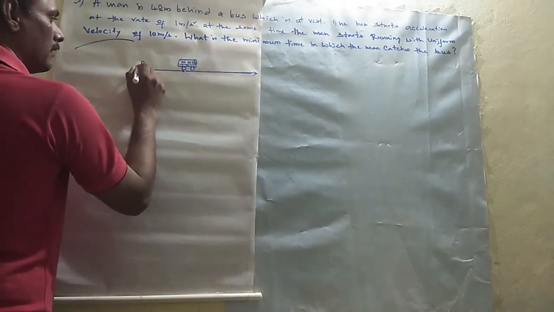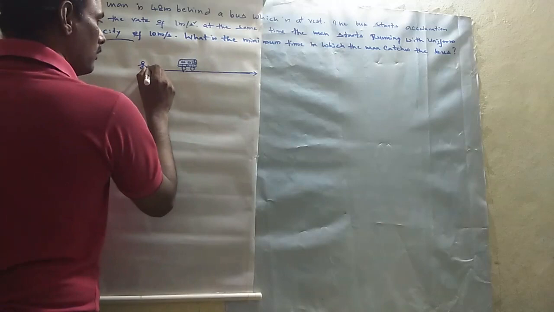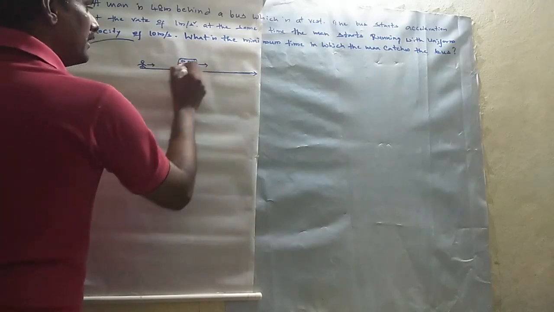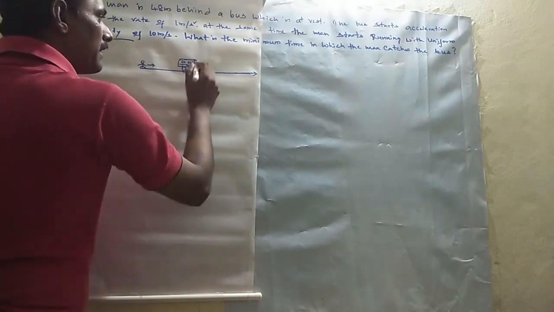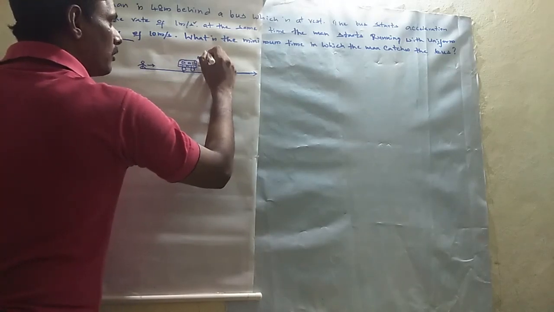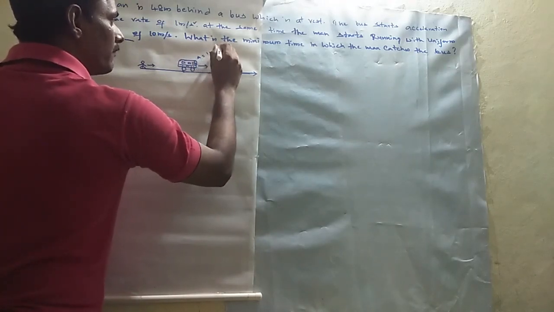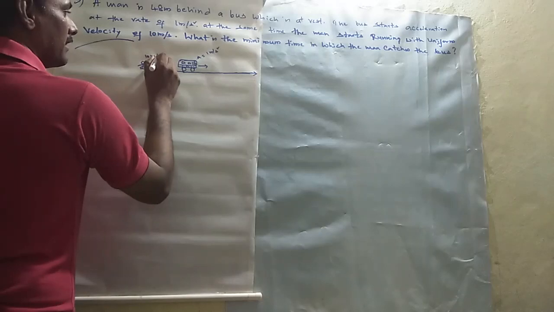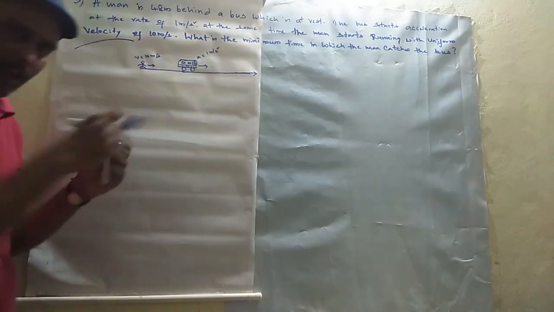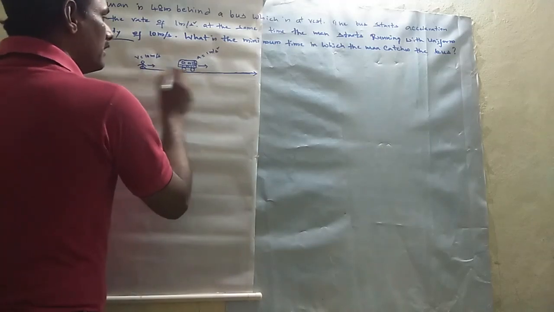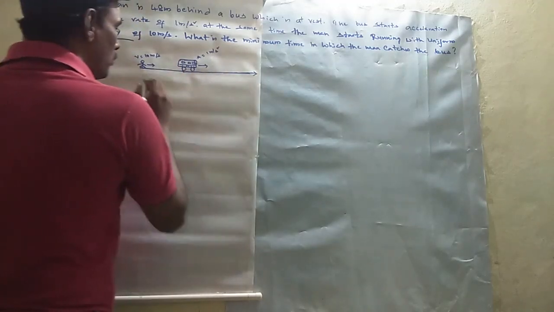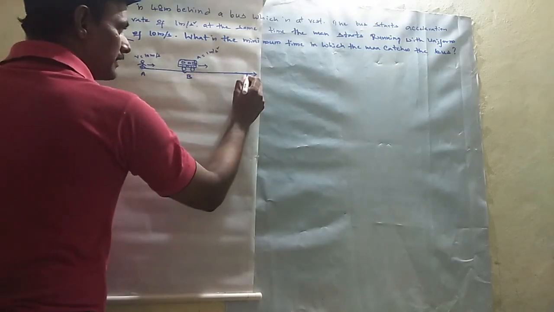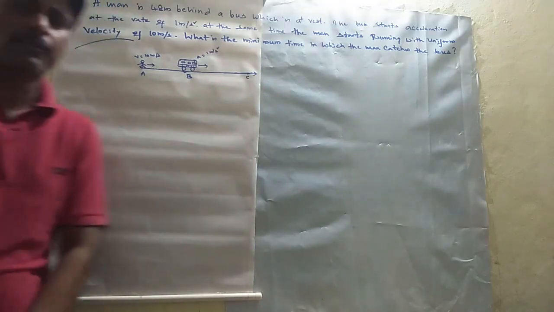The bus starts from rest with acceleration a equal to 1 meter per second square, and the man is running with a velocity v equal to 10 meters per second. After some time they both meet at one point. Let this be point A, this point B, and this point C.